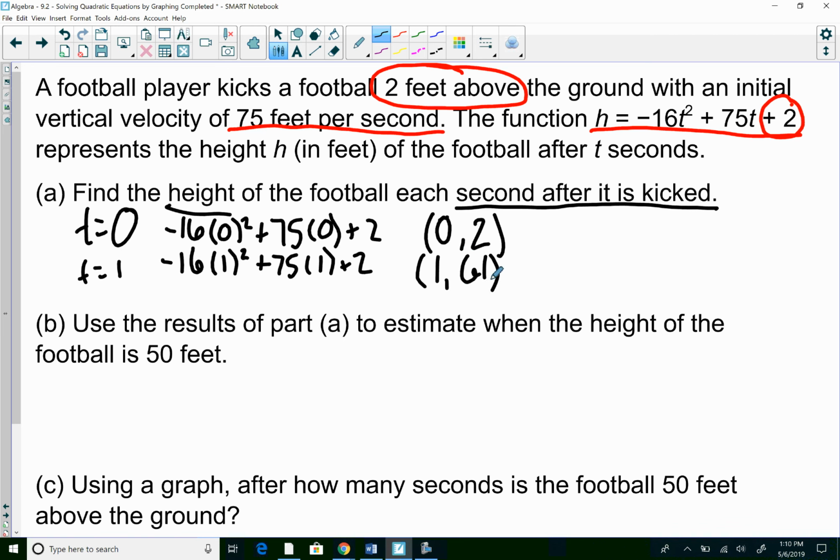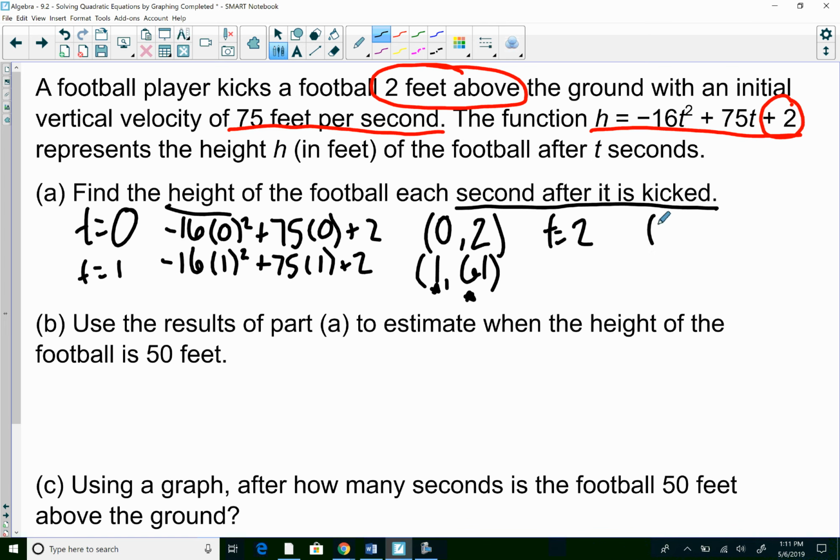I believe you come up with 61. So that just means 1 second after the ball is kicked, it is 61 feet in the air. I want you guys to go through and figure out the rest of them. I can finish this question up with you tomorrow. Actually, you know what? I'll just finish it now.